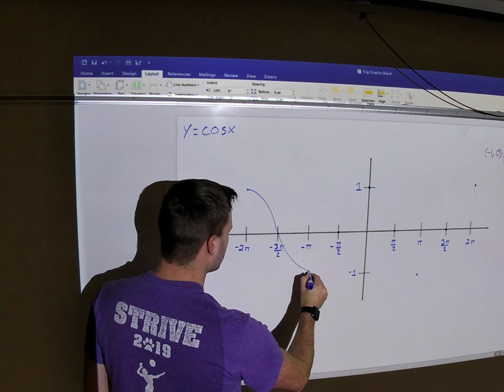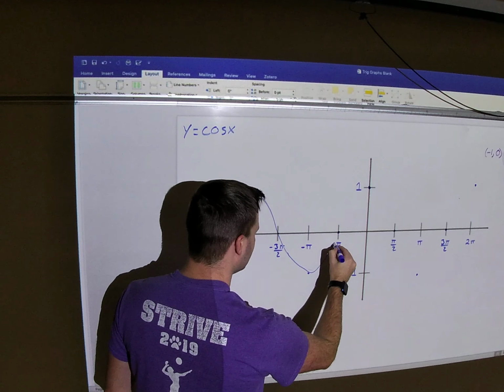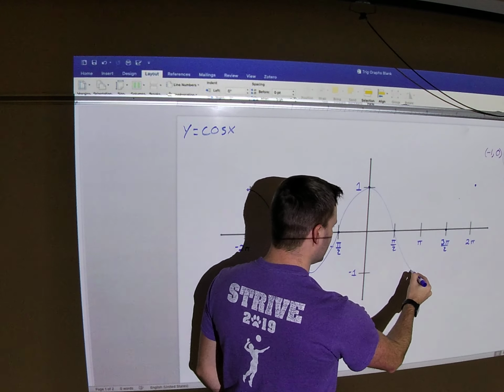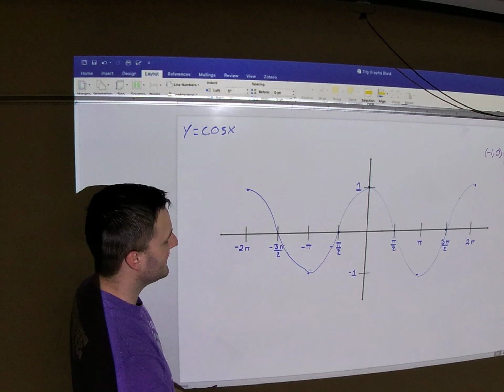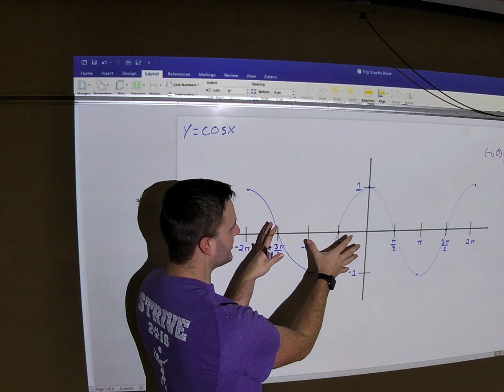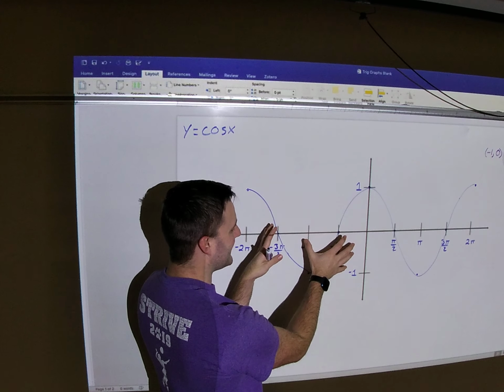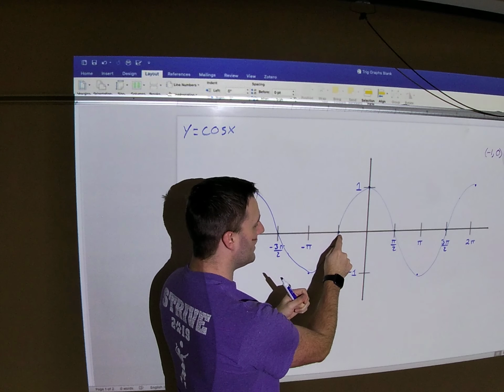Now when you graph this, and you lay this side by side with your sine function, they are going to look very similar. And what you'll notice is that if I could take my cosine function, and I could take cosine and lift it off the board and move it just to the right, one tick mark.